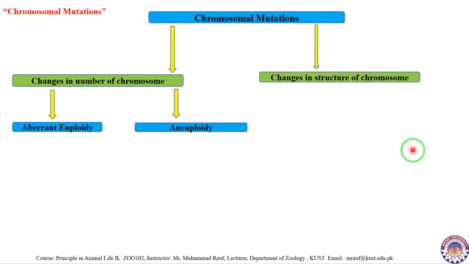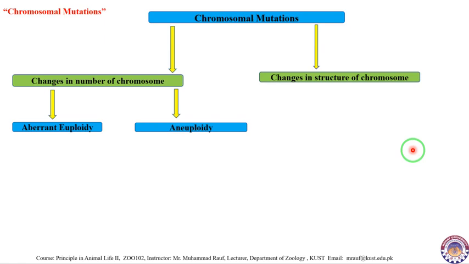Aberrant euploidy means that each organism has a particular chromosome set 2n, and the 2n number can be 46 in humans, 8 in Drosophila and 78 in dog. So when a complete chromosomal set is added, then this is called aberrant euploidy.